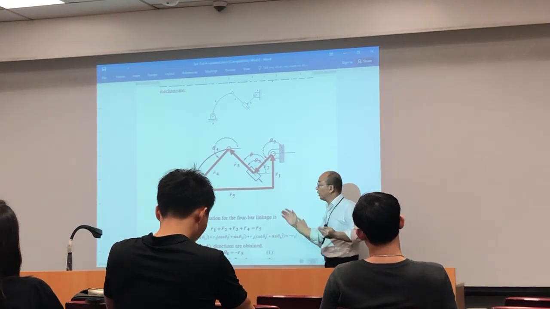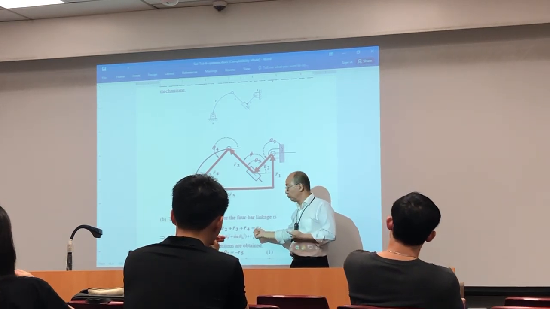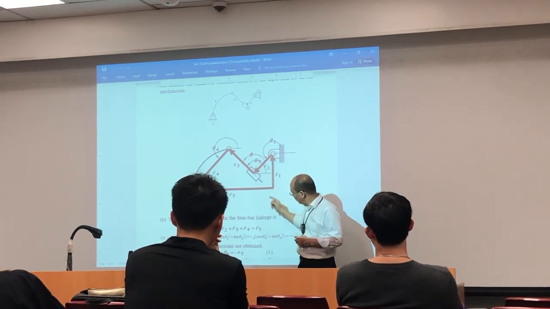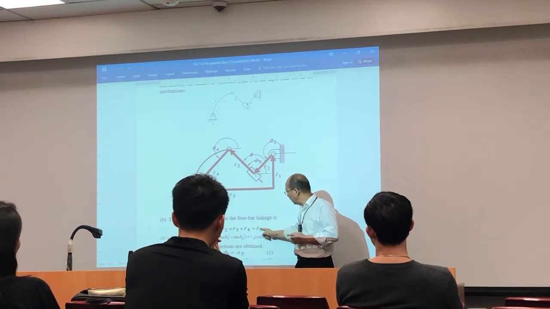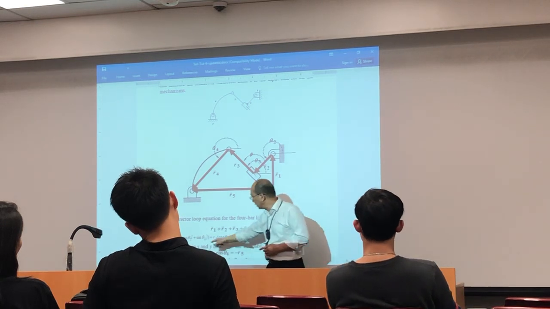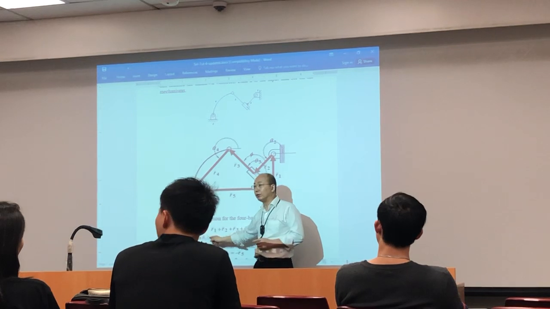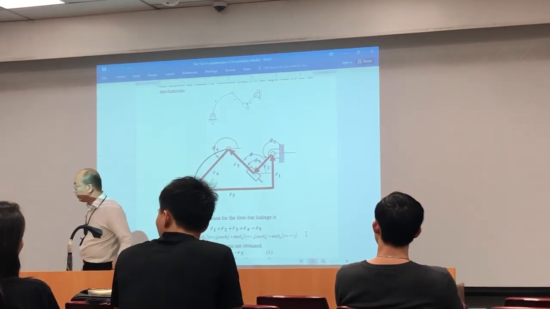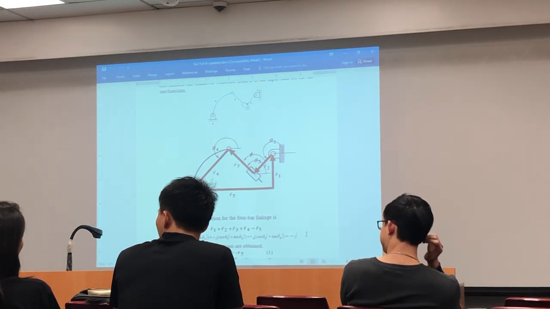Then we can start to do the analysis of the positions of the mechanism. So for this vector equation, we can resolve it into x components, y components, right? X components basically are the i components, y components are the j components, right? Alright. So for this resolution into the x, y components, okay.